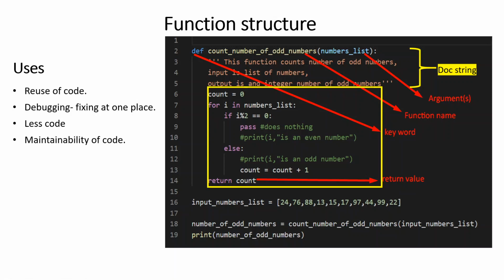Such examples are generating reports, or generating some sort of files, or doing some action which is not depending on the other modules. In such cases you don't need to return. By default, Python returns a keyword called None, which is equivalent to null in C++. None is an object which tells that there is nothing.